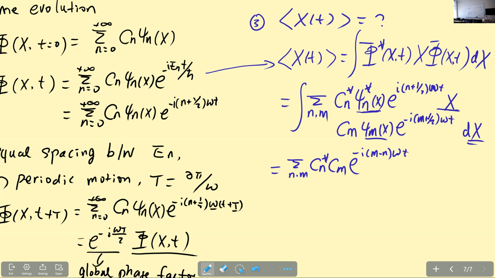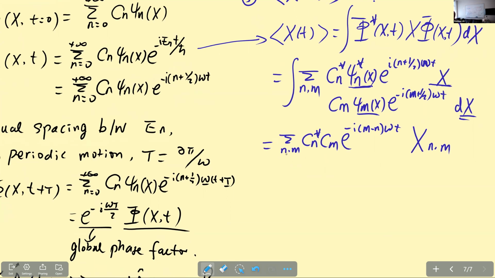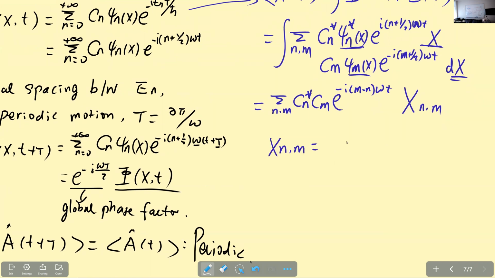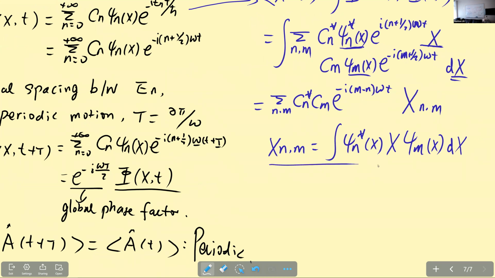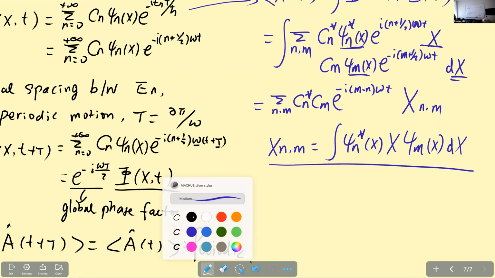That's the phase factor. And then you have another term, x_mn. This one is given by this integration. So we give this one a name, okay?